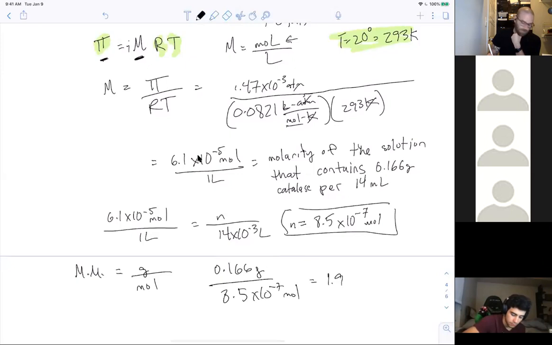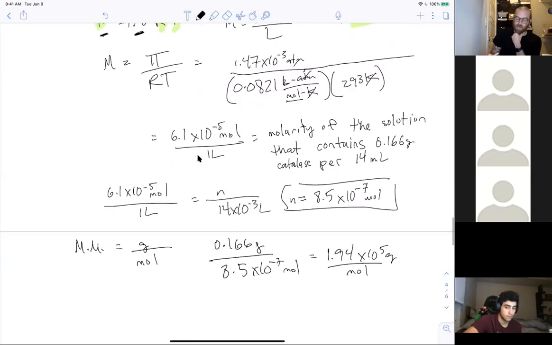So I come up with this kind of large number, 1.94 times 10 to the 5th, assuming I did my math right, grams per mole for catalase.